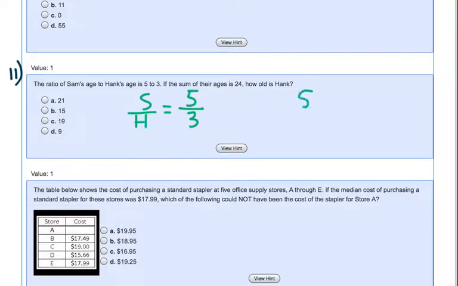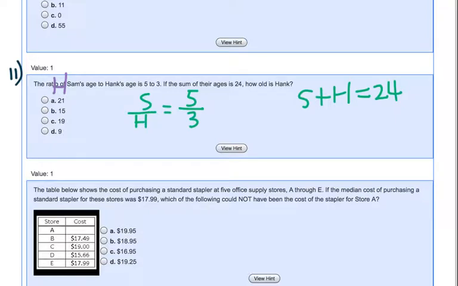Now we know S plus H altogether is 24. Since this is multiple choice, you can try all the solutions to see which one is correct. From the given information, suppose Hank's age is 21, 15, 19, and 9 separately.